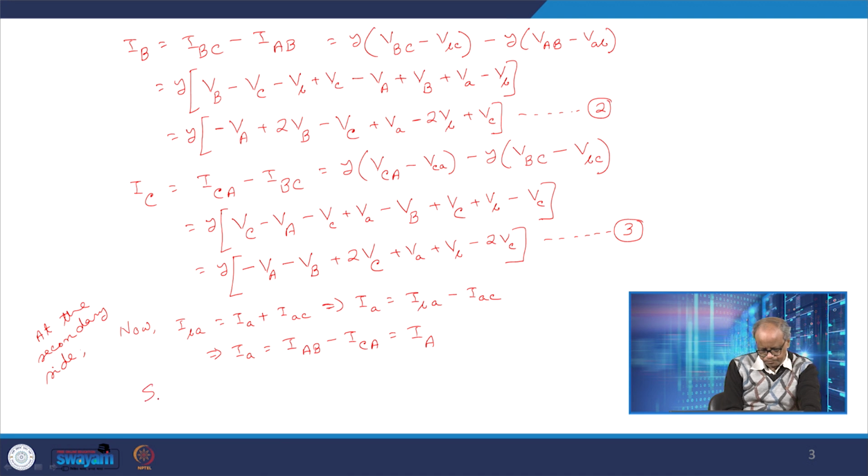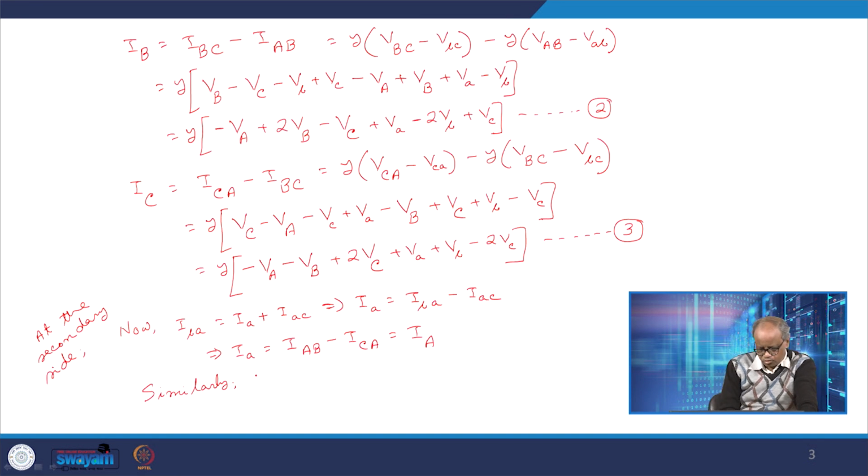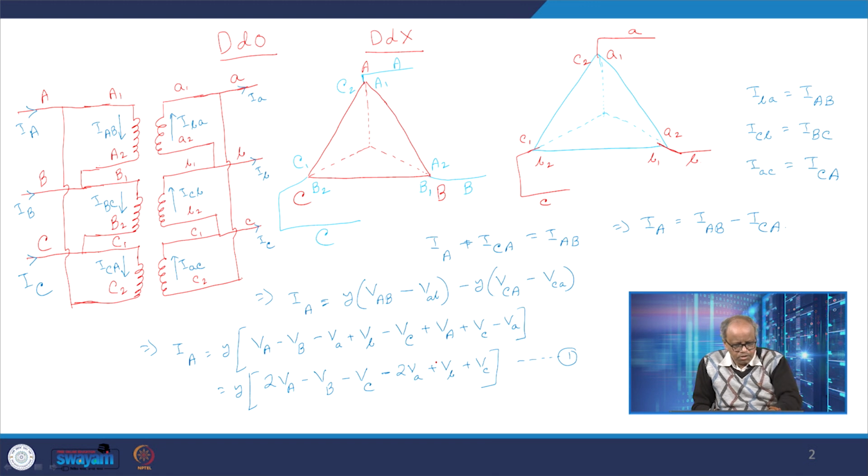Similarly, ICB is equal to IB plus IBA. So IB is equal to ICB minus IBA. ICB is IBC and IBA is IAB.